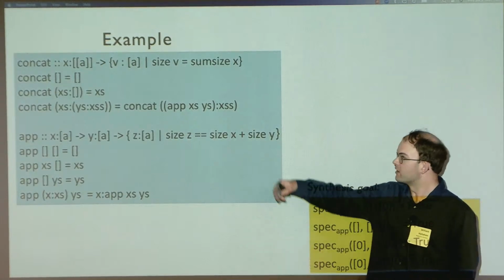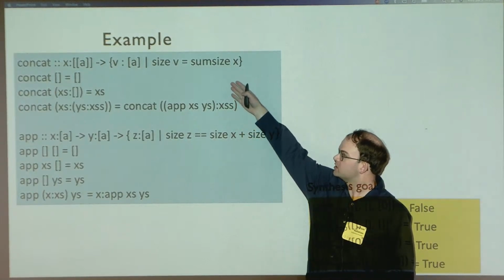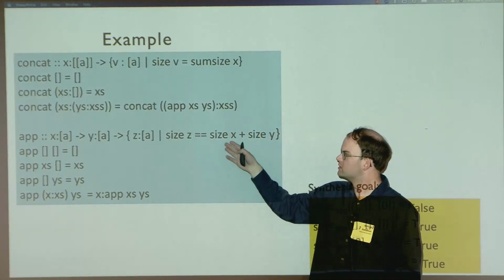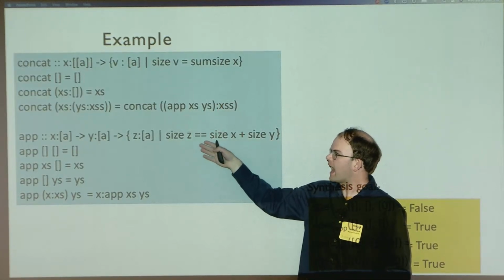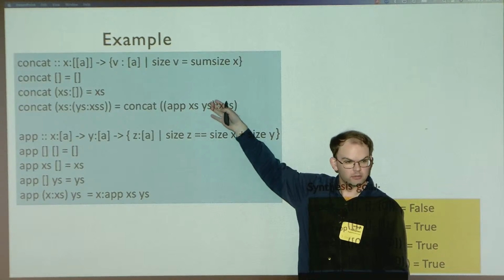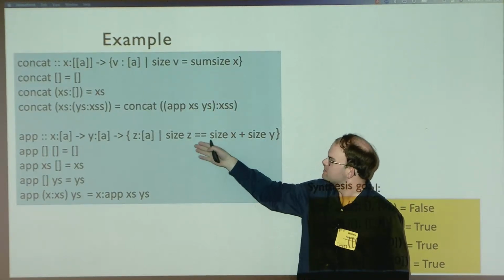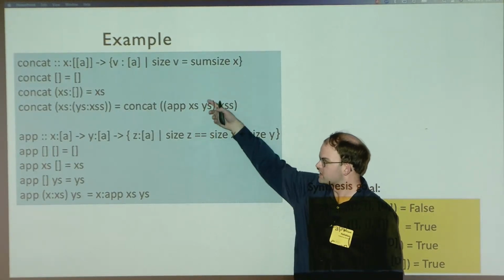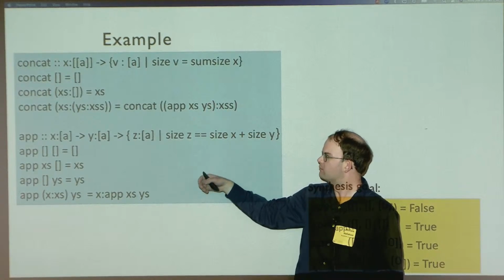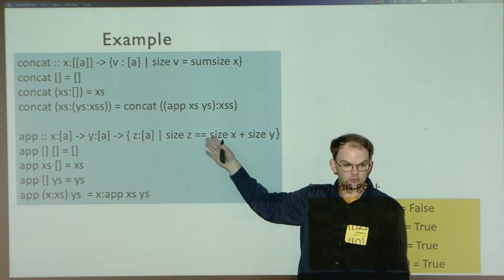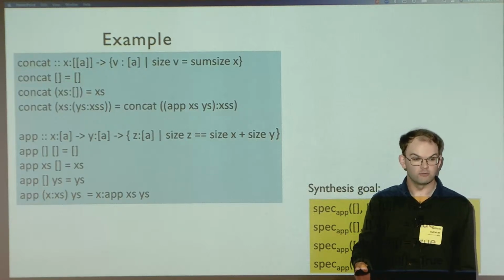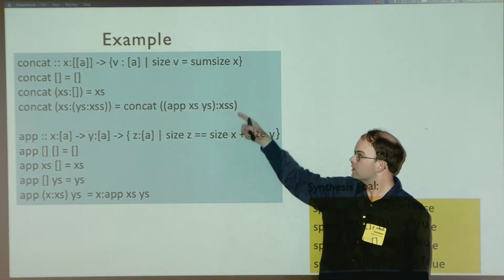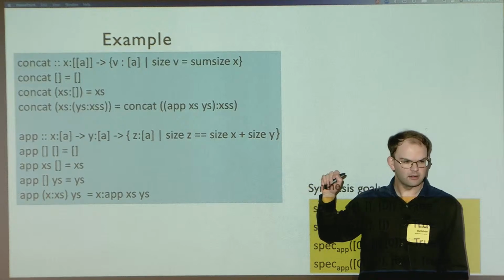We'd say, okay, we want to prove this specification for concat. So what has to be true about app in order for us to prove the specification about concat? And we come up with some specification for app that at least we can't find a concrete counterexample for, and that, if true, would allow us to prove the specification for concat.